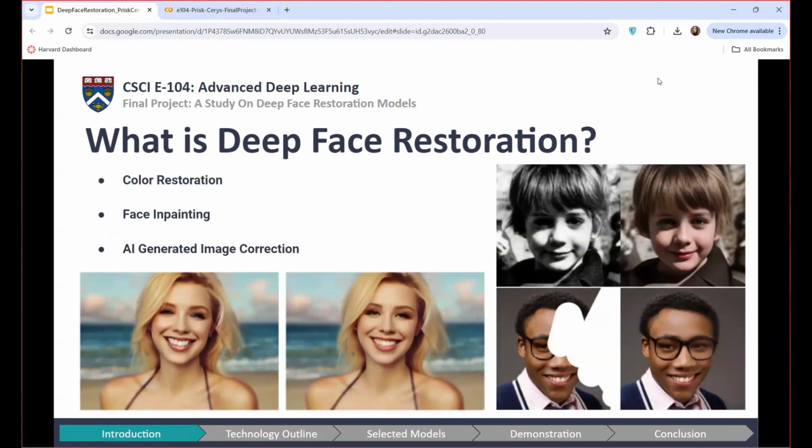There are three additional forms of deep face restoration which are out of scope for this project. Color restoration restores color to images, face inpainting fills in missing areas of images, and AI-generated images can also use deep face restoration to enhance realism in the image.